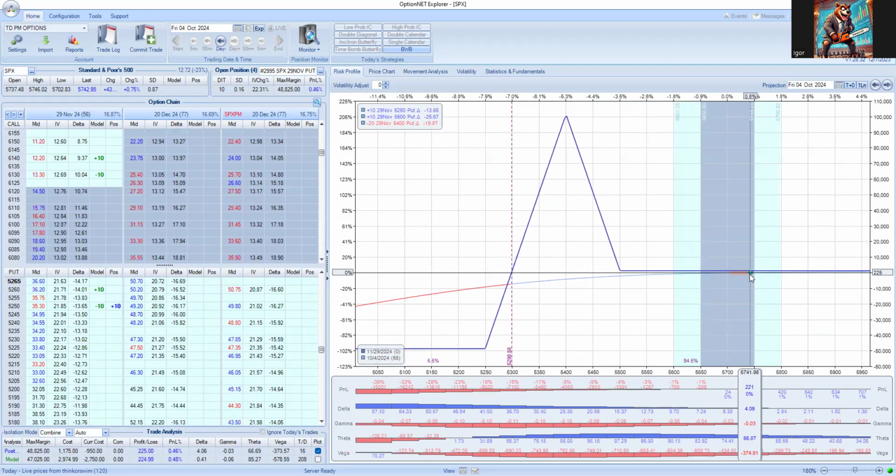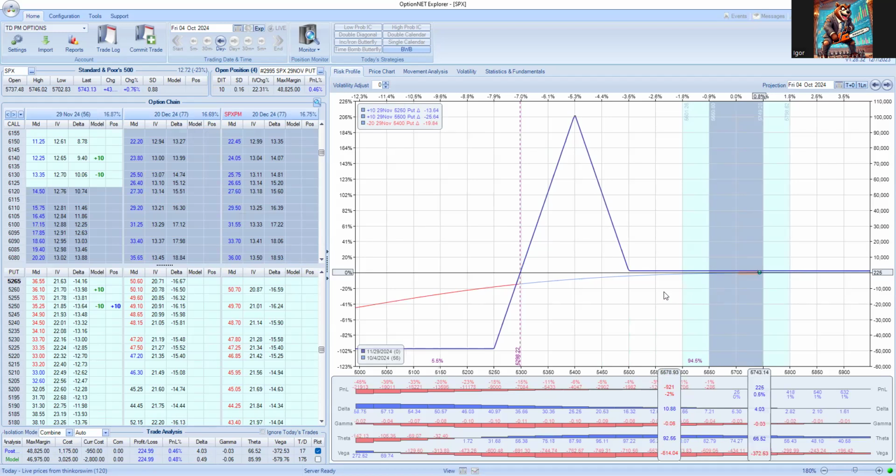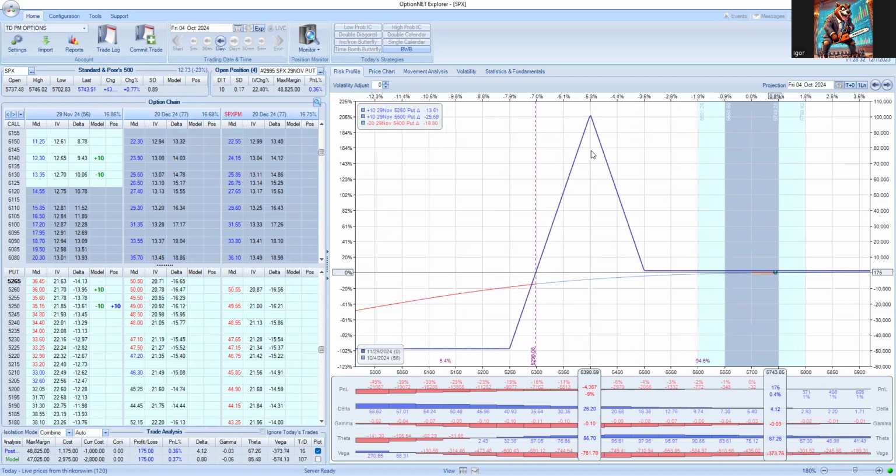Now, the problem is, let's say we put this trade on and then the price goes down 5% and we're in the center of this tent, right? It all depends on how fast we get there.